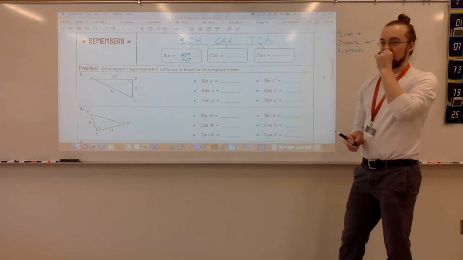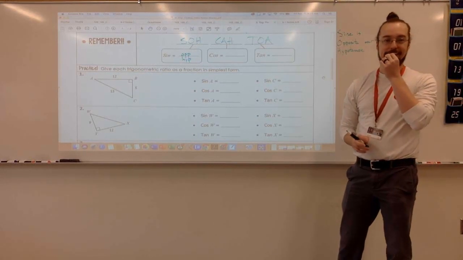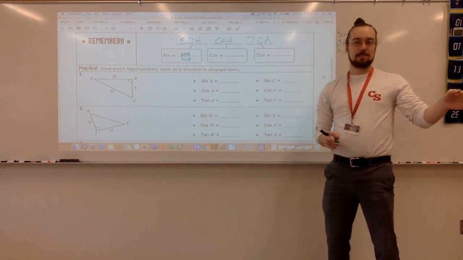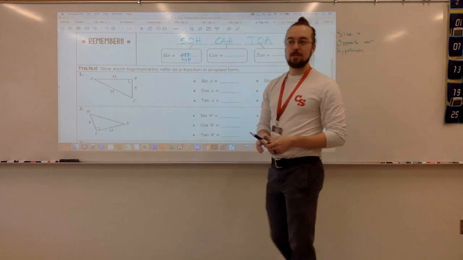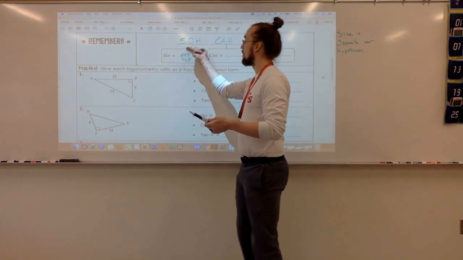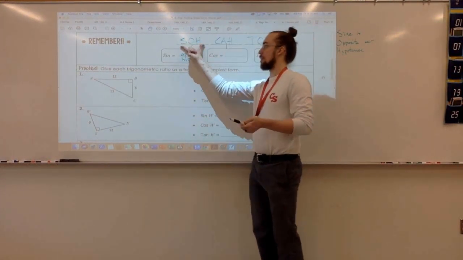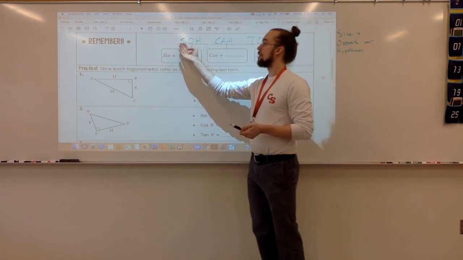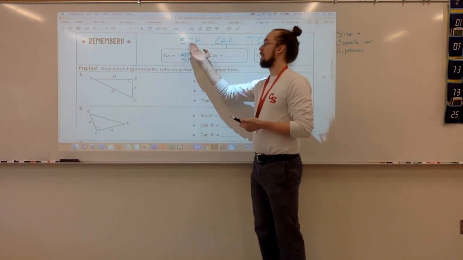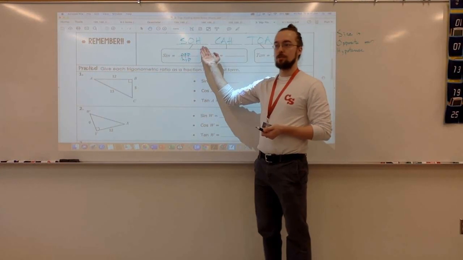SOH is not sine. It shows you the definition. Right? This isn't saying this is sine. This is saying sine means opposite side over hypotenuse. Oh, okay.